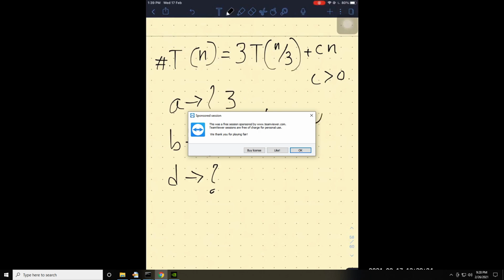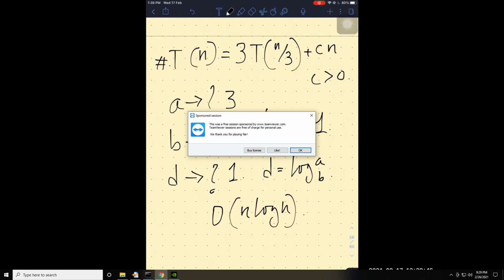And the D is 1. Yeah, exactly. That means it's equal. And when it's equal, the answer is n to the D log n. That means n log n.